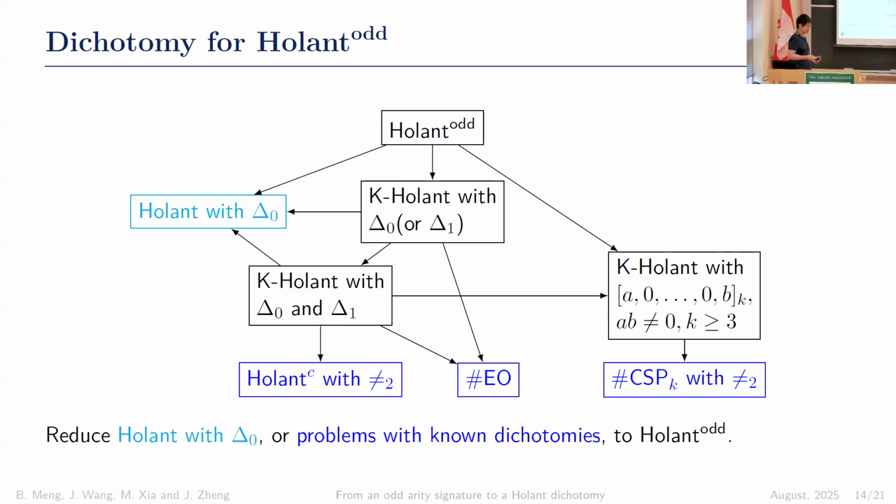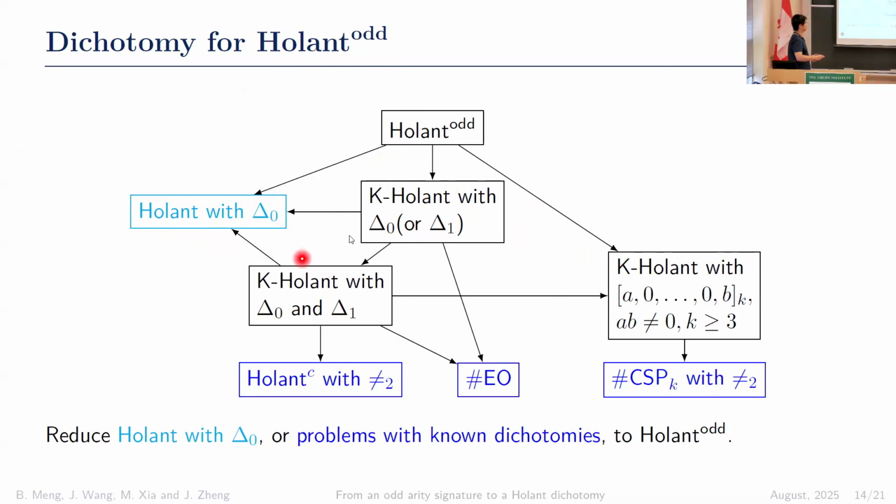All these algorithms have been studied in the previous study, so we just need to focus on the hardness proof. And in the hardness proof, there are many cases. For example, for Holant odd, it begins with 3 cases, and we reduce certain problems to the original problems.